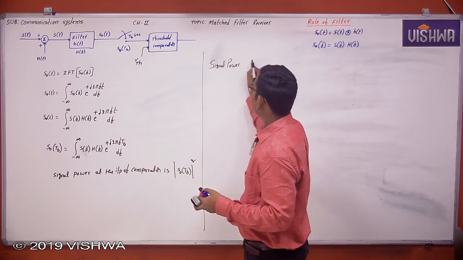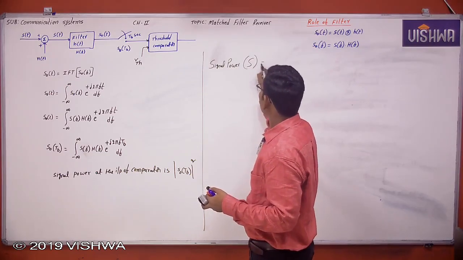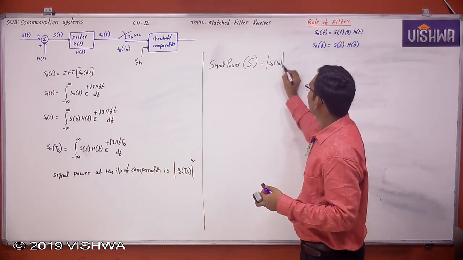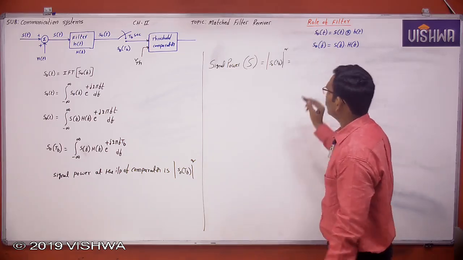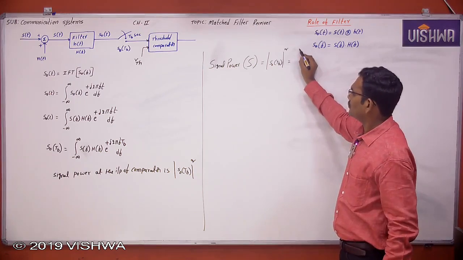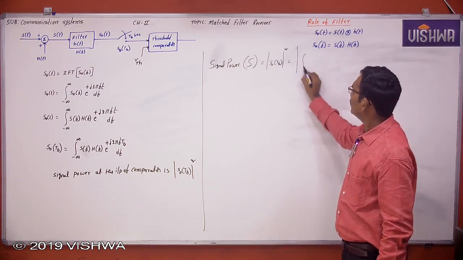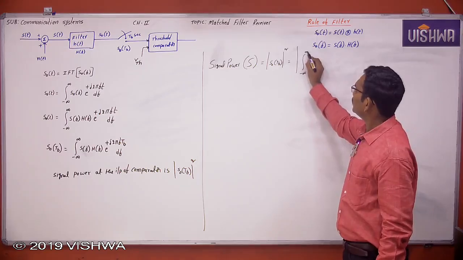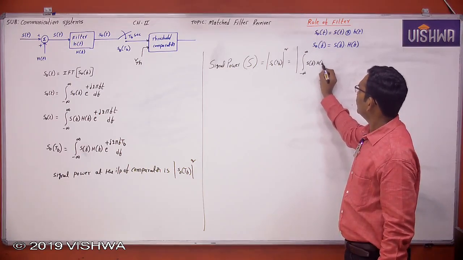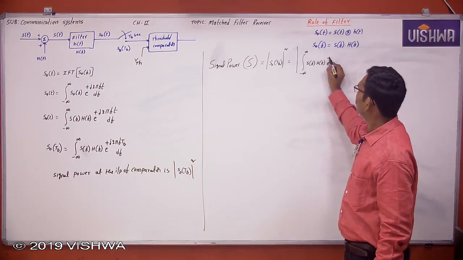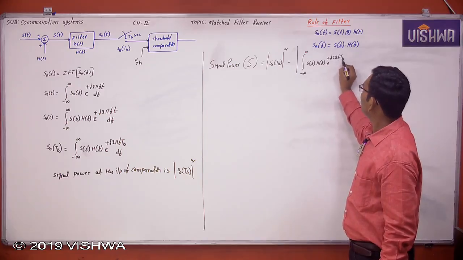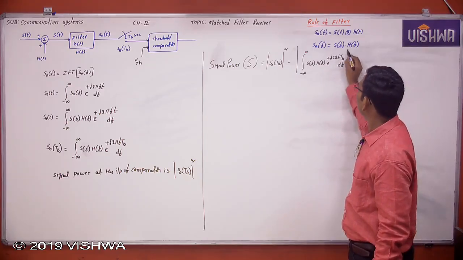Signal power, which I represent with S, is equal to S naught of tb whole square, which is equal to the integral from minus infinity to infinity of S of f into H of f into e power plus j 2 pi f tb df, whole squared.